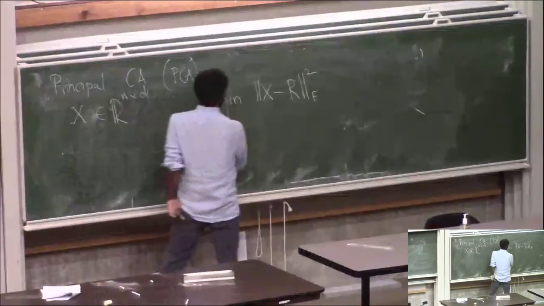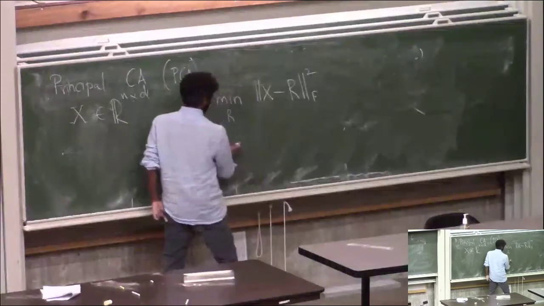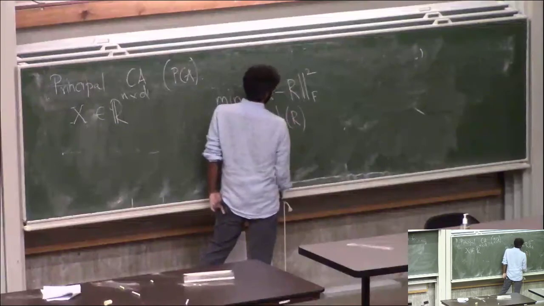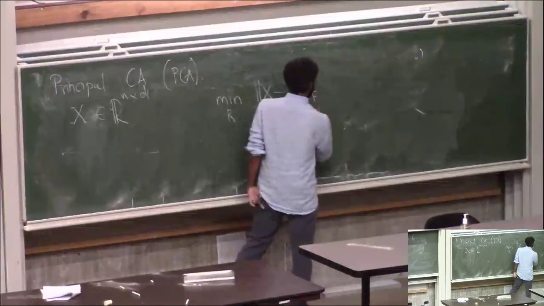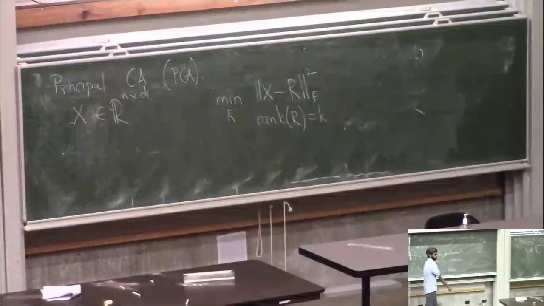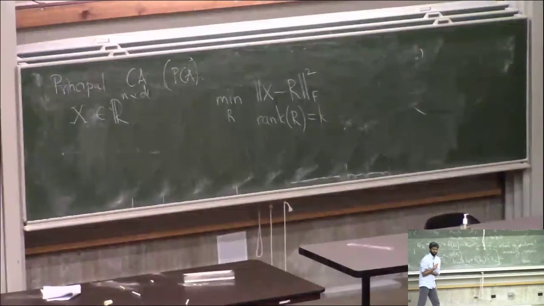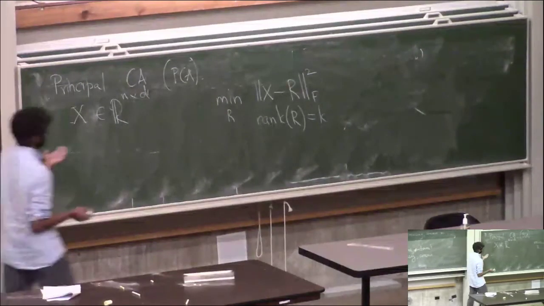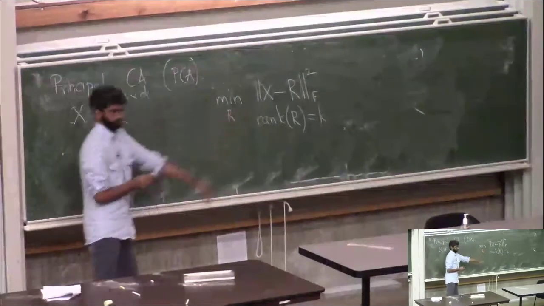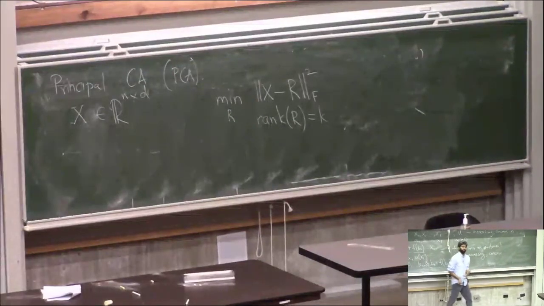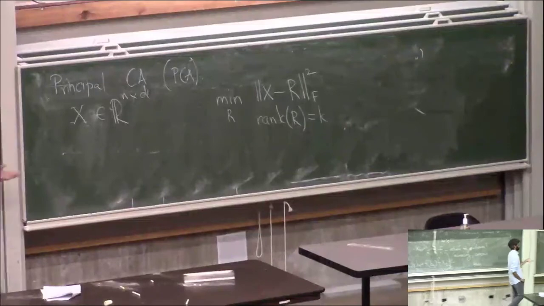So I'm minimizing over R, and the constraint that I have is that the rank of R should be exactly K. This is called the problem of low rank approximation. I'm taking some matrix X. You should think of K as smaller than N and D. But I want another matrix R, which has small rank, but is close to the original matrix in Frobenius norm.